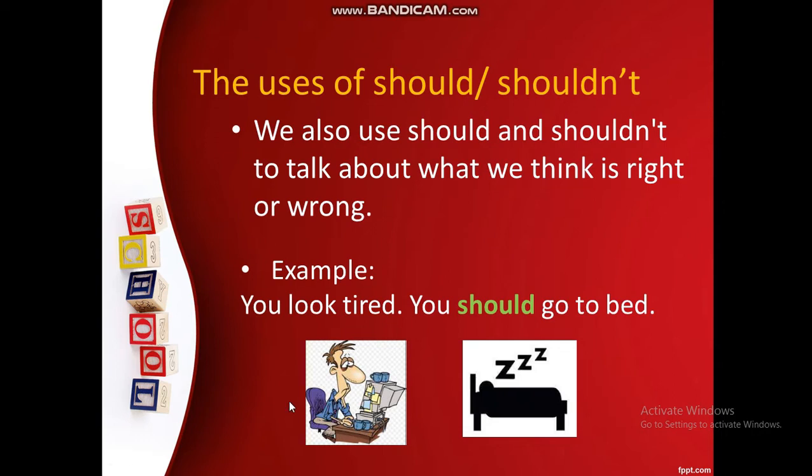Now, if you look at this person, he's working hard, so he's very tired. I'll tell him, you look tired, you should go to bed. So I think that this is better for him. That's why I'm giving him a piece of advice.